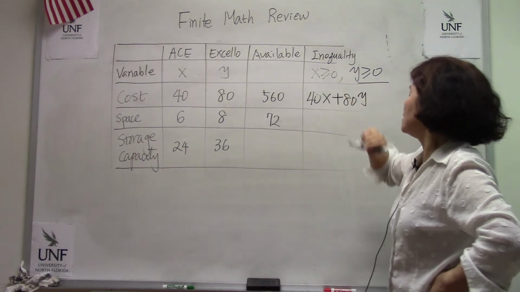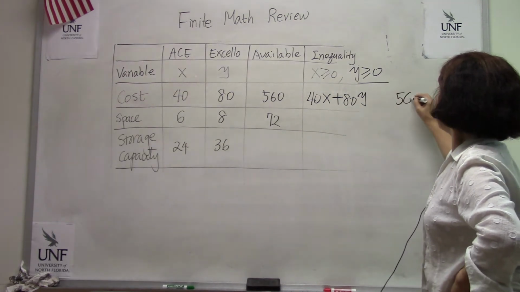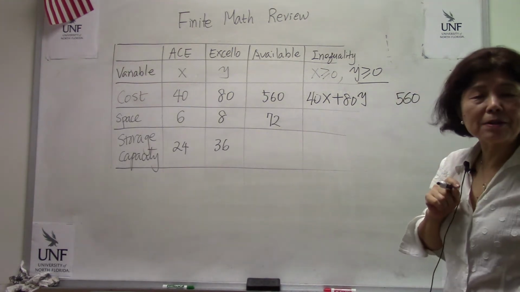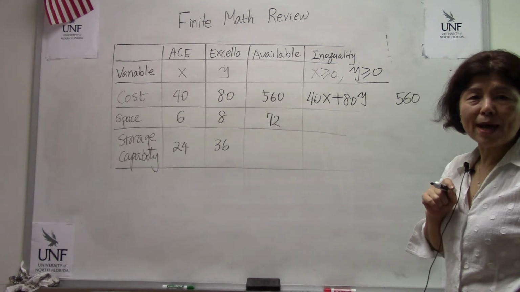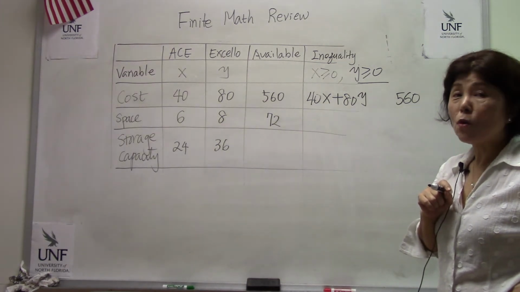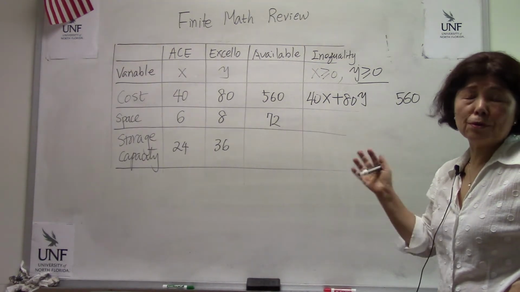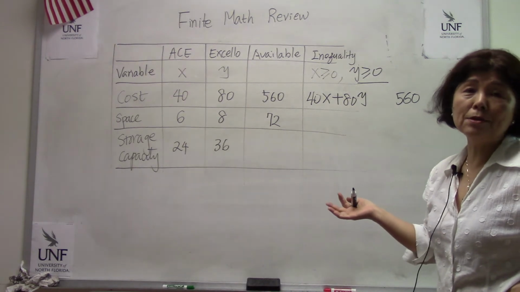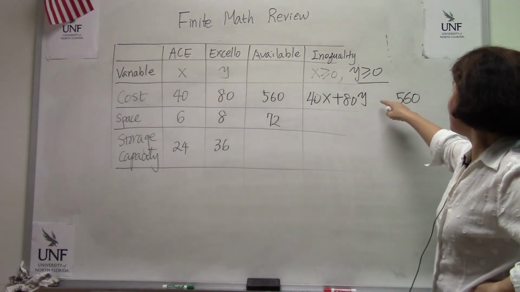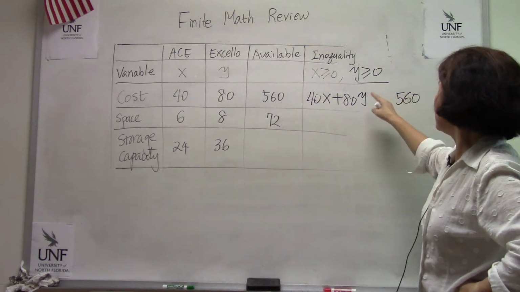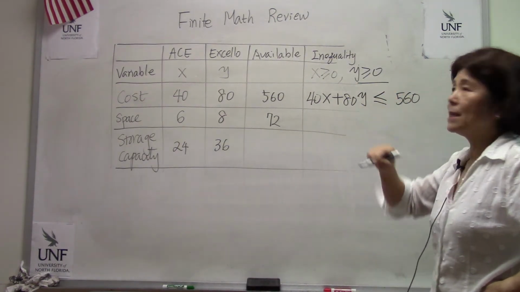Together, you have a budget of $560. So what are you going to write? Can you go over and pay $580? You cannot do that. You have to be under this budget, therefore less than or equal to.